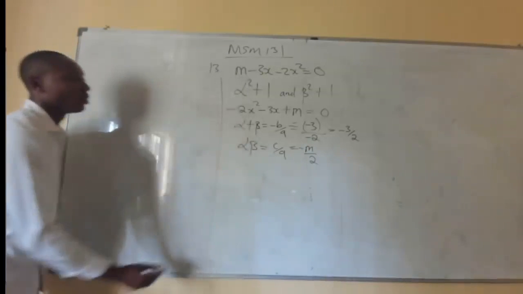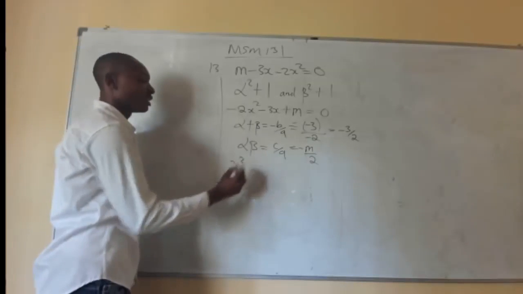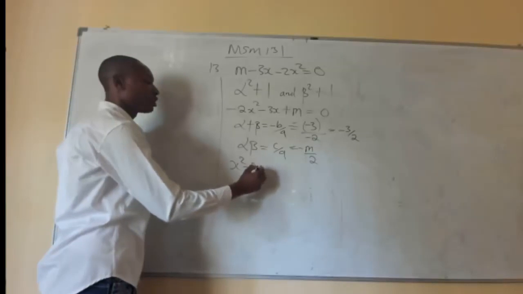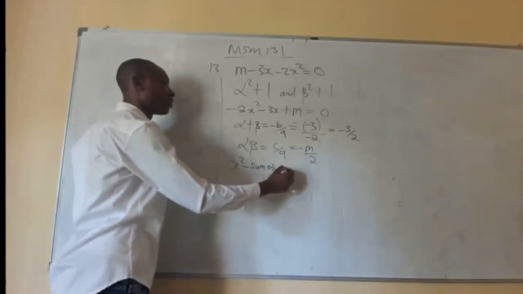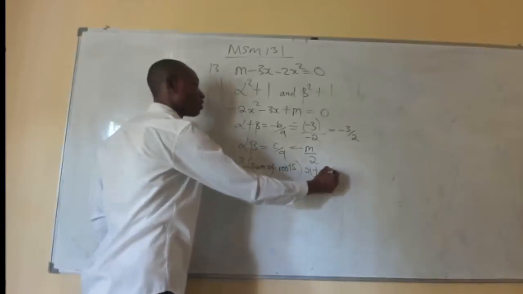Next up, what we're now going to do is, remember what I said. I said any quadratic equation can be written as x squared minus sum of roots x plus product of roots.